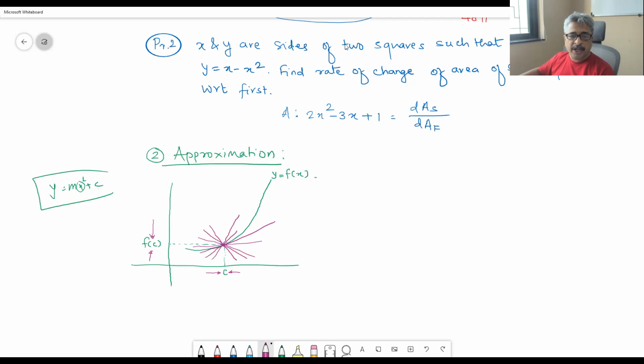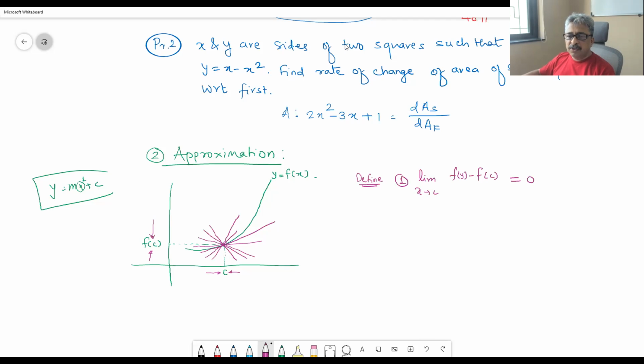That is what we expect. So maybe define approximation. First attempt of our definition of approximation could be limit as x tends to C, f of x minus f of C should tend to 0.